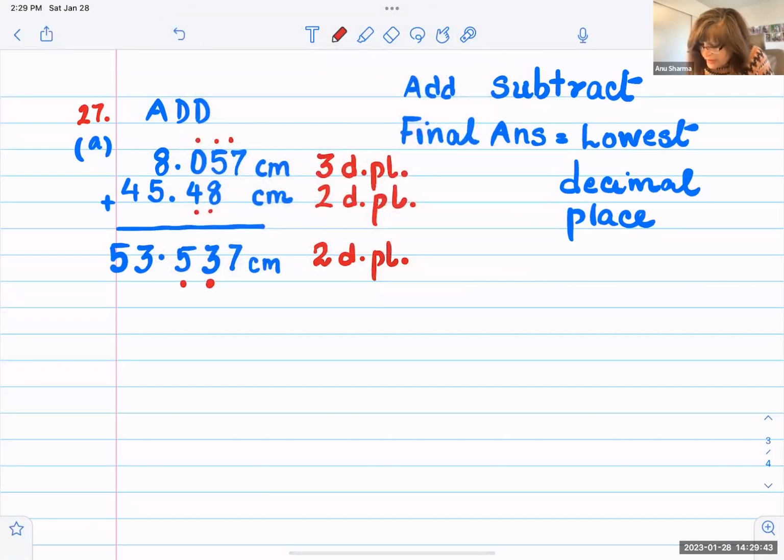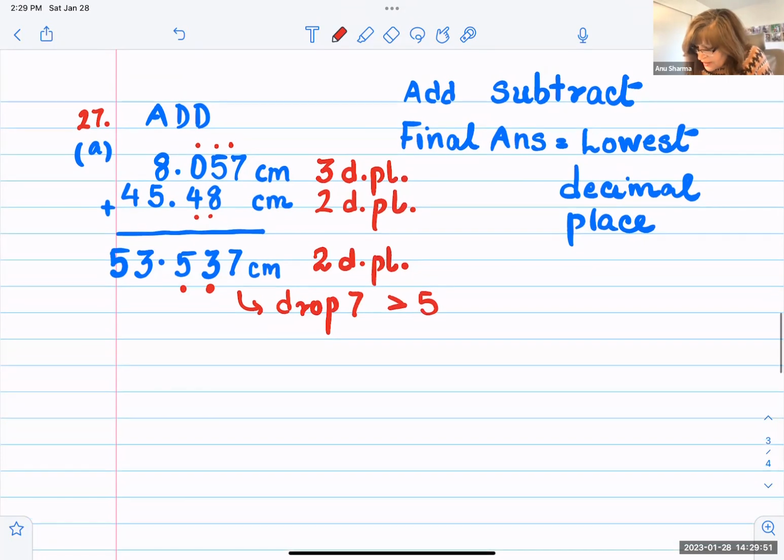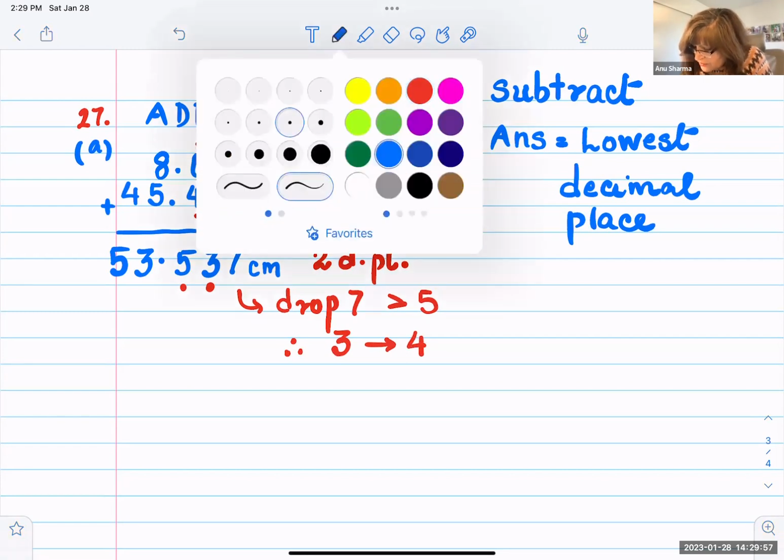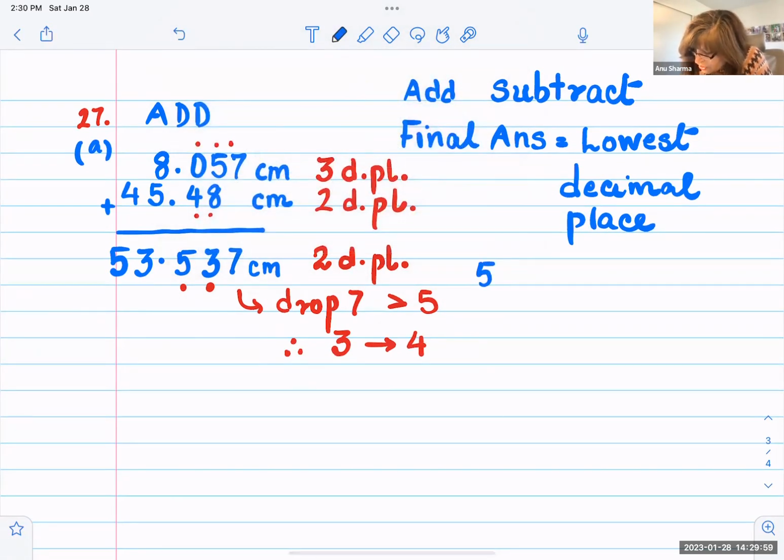So we need to drop 7, but 7 is more than 5. So what happens to 3? Therefore, 3 becomes 4. So now your final answer is 3.54 centimeter. Always write the units.